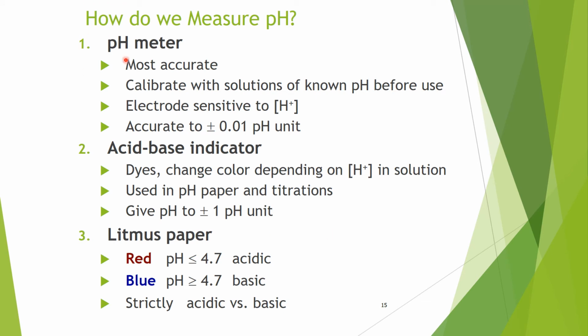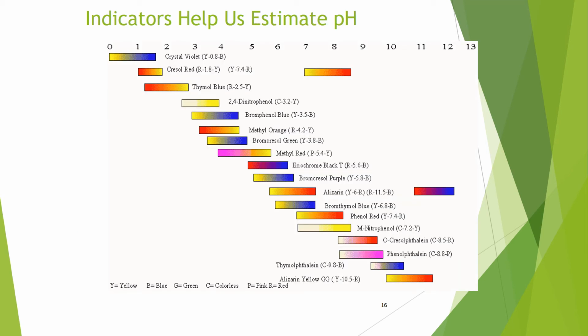All right, there are different ways we measure pH, and we've done all of these a little bit. The one that we like to use the most is the pH meter. But these are the ones we used to use before pH meters, so let's quickly go through them.